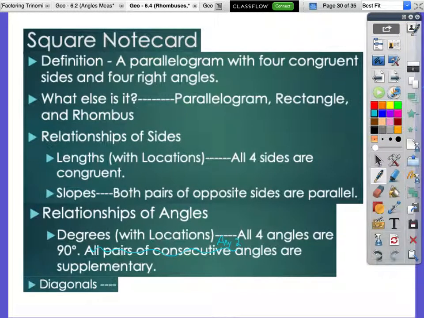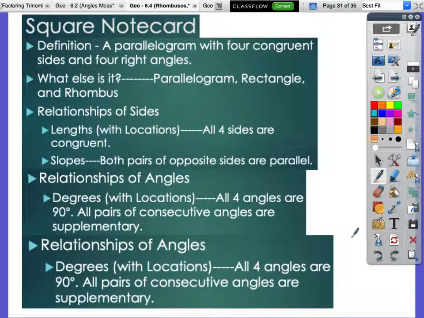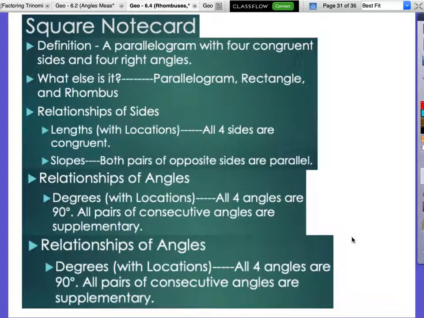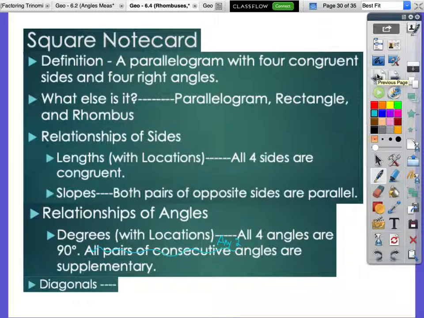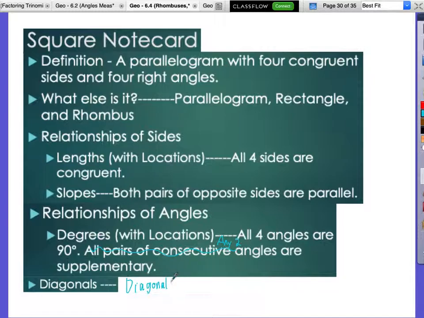Diagonals. We're gonna combine what we know about the rectangle and the rhombus. Oh, whoopsie daisy. That's not what I meant to put there. We'll fix that. So for the diagonals, what it should say is that diagonals bisect and are perpendicular to each other.